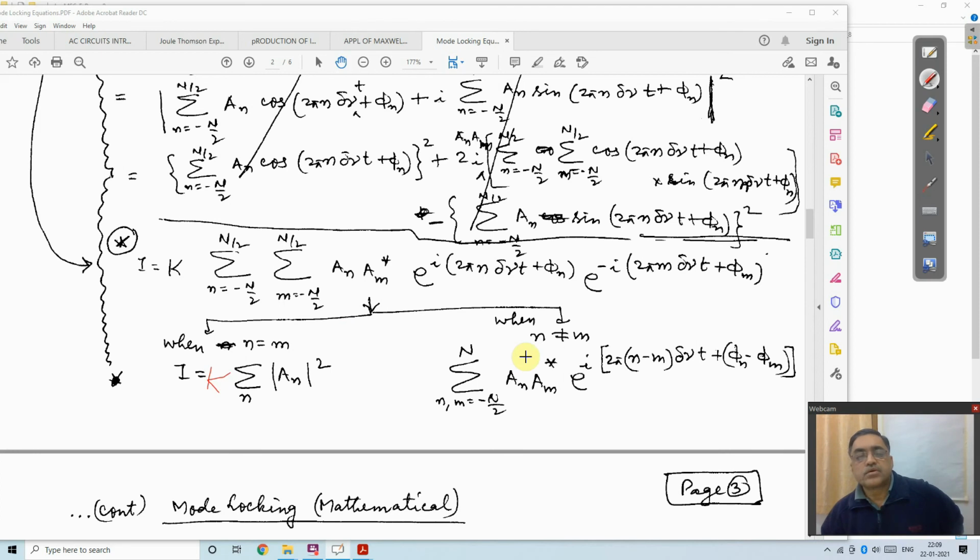Now on the other side, when n is not equal to m, what happens? The sum over n, m from minus N by 2 to N by 2 of a_n a_m star e raised to iota 2 pi (n minus m) delta nu t plus phi_n minus phi_m.